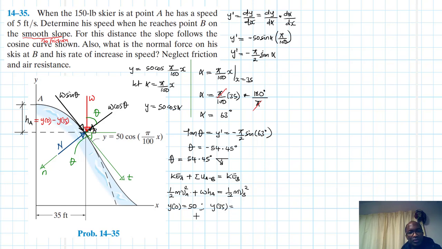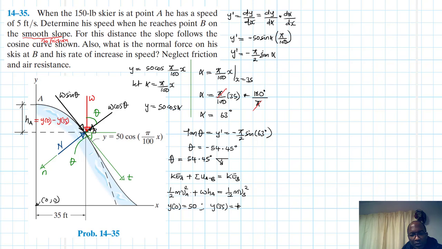Our Y at 35 feet is equal to, because this point here is 0, we do have Y, that's 50 cos 63, that's what we said.